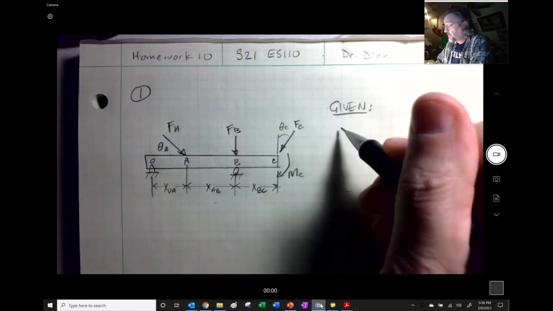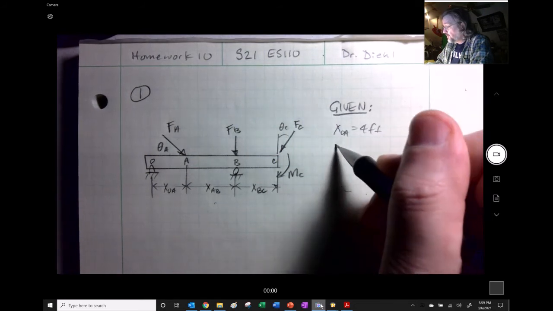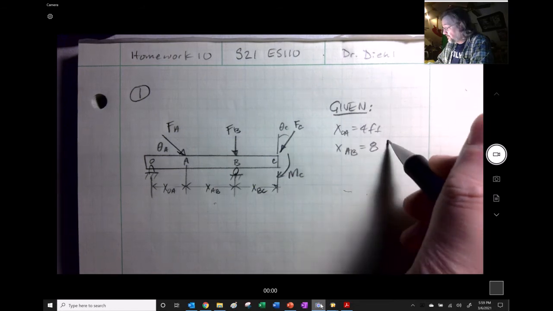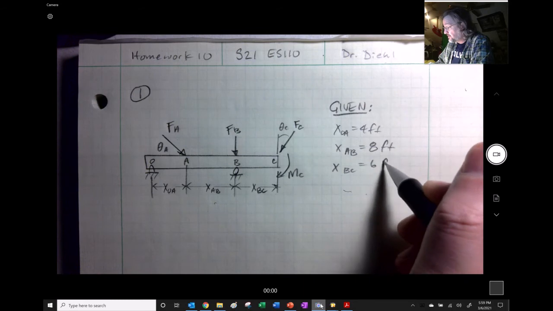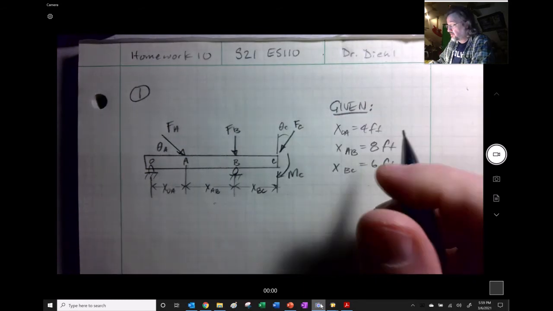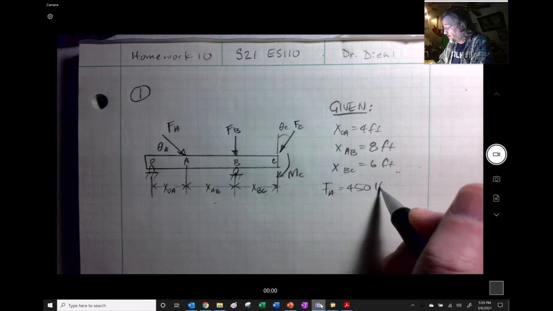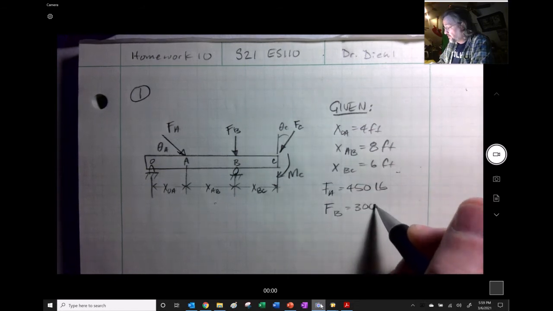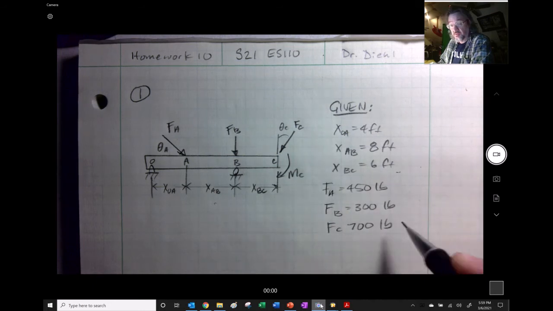Here's our given. We're going to say that XOA is 4 feet, XAB is 8 feet, XBC is 6 feet, FA 450 pounds, FB is 300 pounds, FC is 700 pounds.